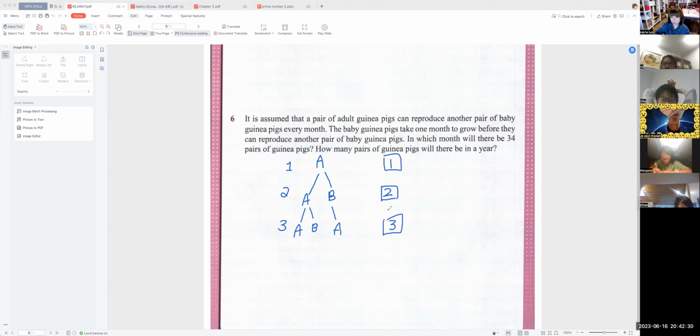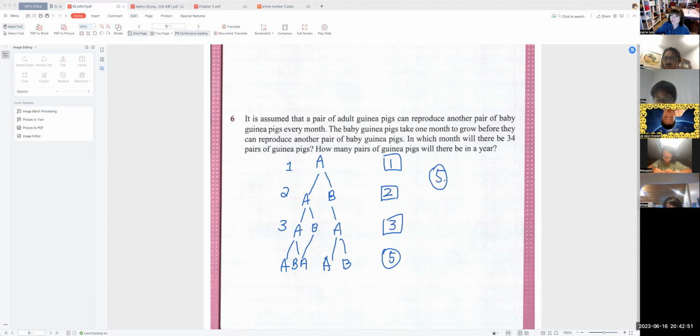So there are 3 pairs of guinea pigs. And the baby became an adult, and the adult has another baby. So there are 5 pairs of guinea pigs.